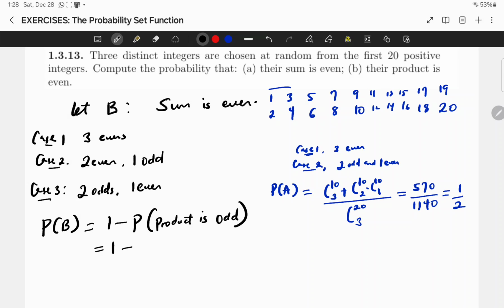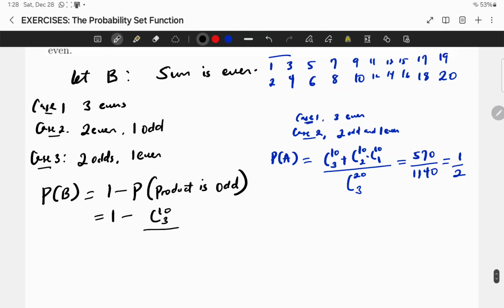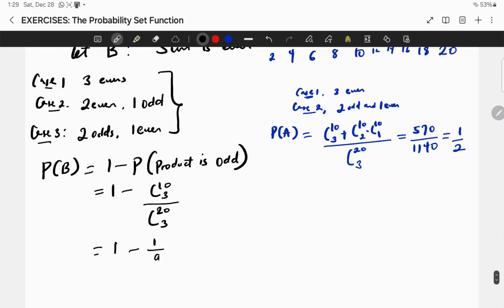For us to pick 3 odd integers from the first 20 positive integers, we know that we have 10 of them, then we pick 3 over the total outcomes, 20 choose 3. So that's another way. You can go through these cases, or you just go through one case, and then you have your result. If you solve that carefully, you're going to have 1 minus 1 over 9, which is equal to 5 over 9. And that completes that question.